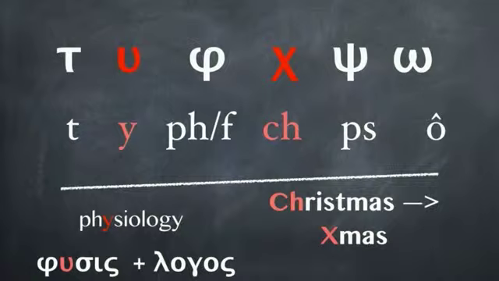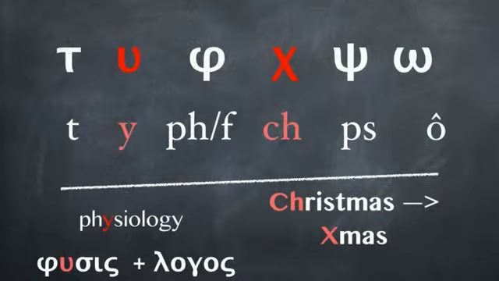Greek has a letter, chi, which looks an awful lot like our X, but is pronounced as a chi. And when Greek words with a chi are used in English words, the chi turns into the ch. A good example of this is the English word Christmas. Christmas can be abbreviated as Xmas, and the X in this case comes from the ch in Christmas, from Christ.